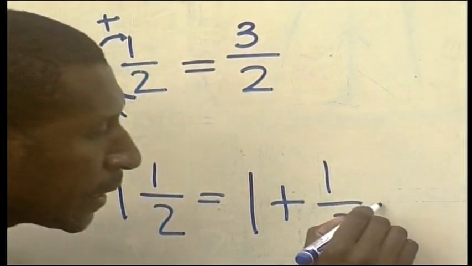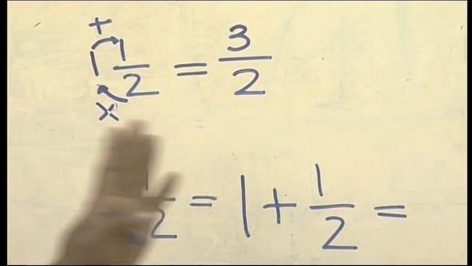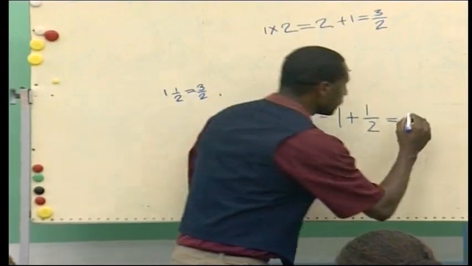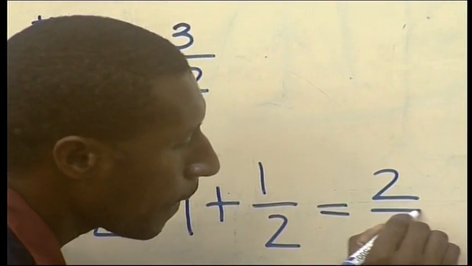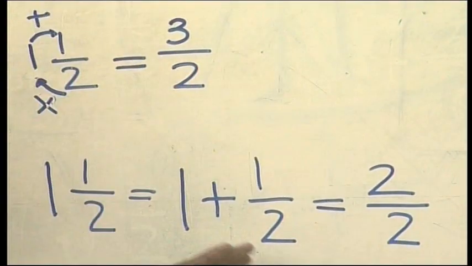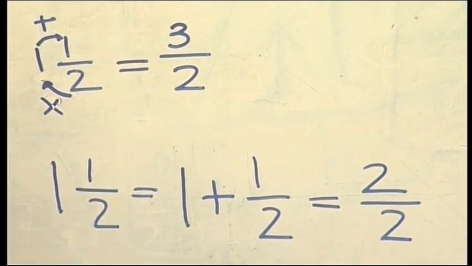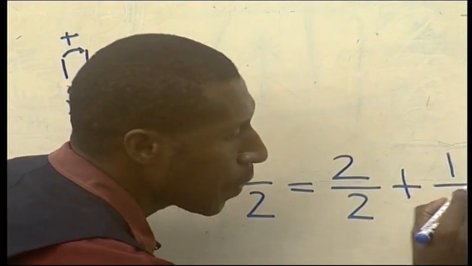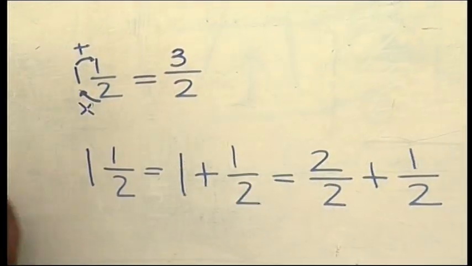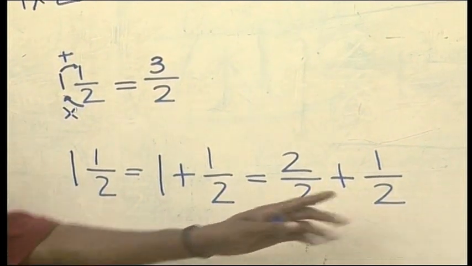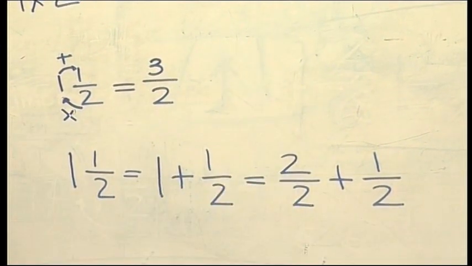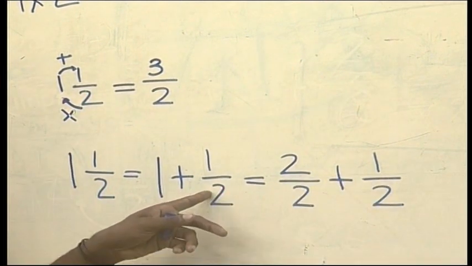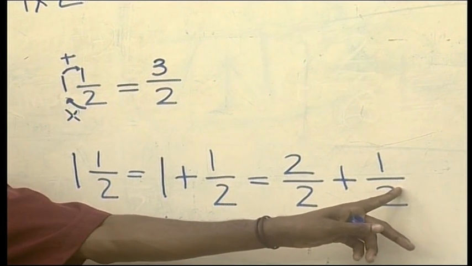So if you further expand this, the whole number will be 2/2 plus the fraction which is 1/2. 2/2 represents the whole number, and this is the fraction there. Half still remains there.